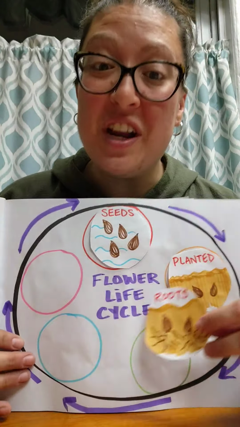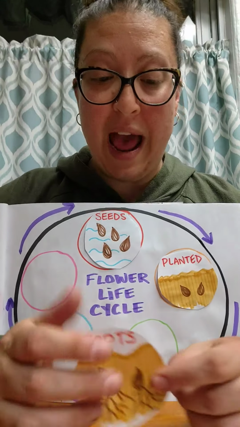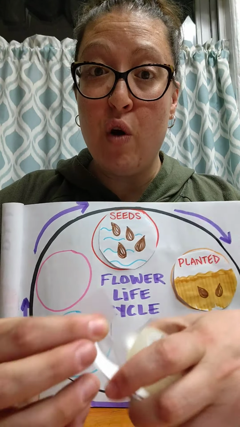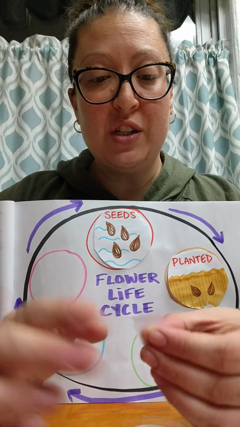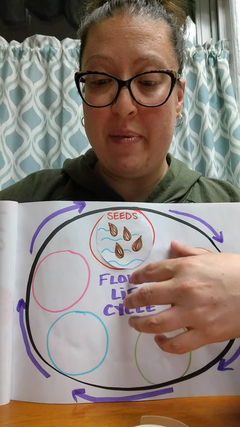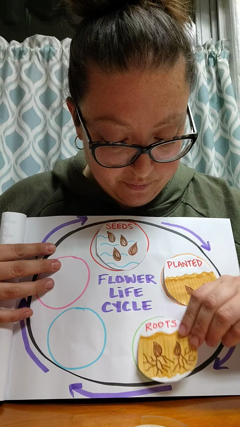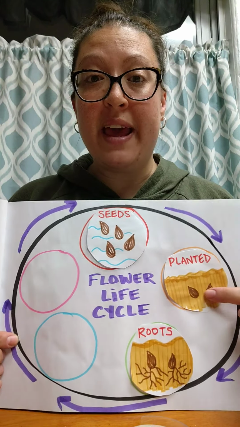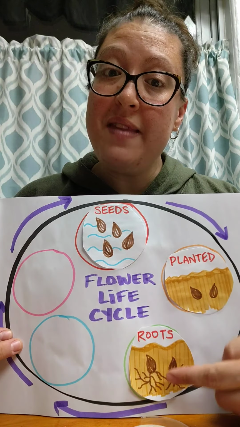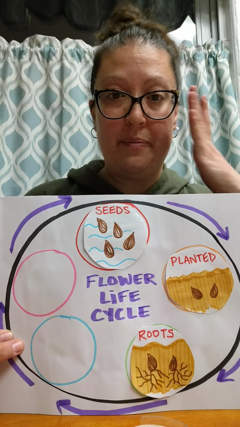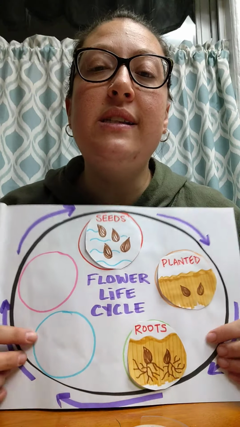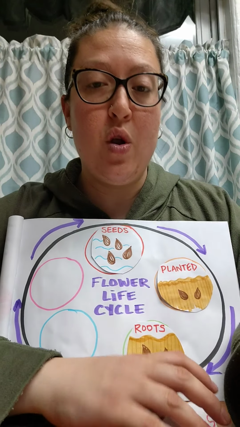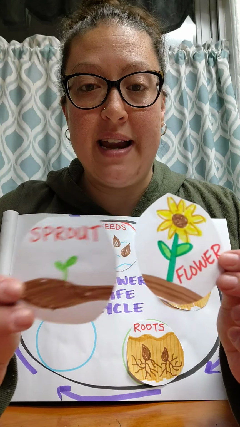That's right, they're going to start to grow roots. That's what happens after you plant seeds. They start to grow roots in the ground. So that's the next step in the cycle. We have seeds, they get planted in the soil, and they begin to grow roots. All right, once those seeds have grown roots, what happens next?